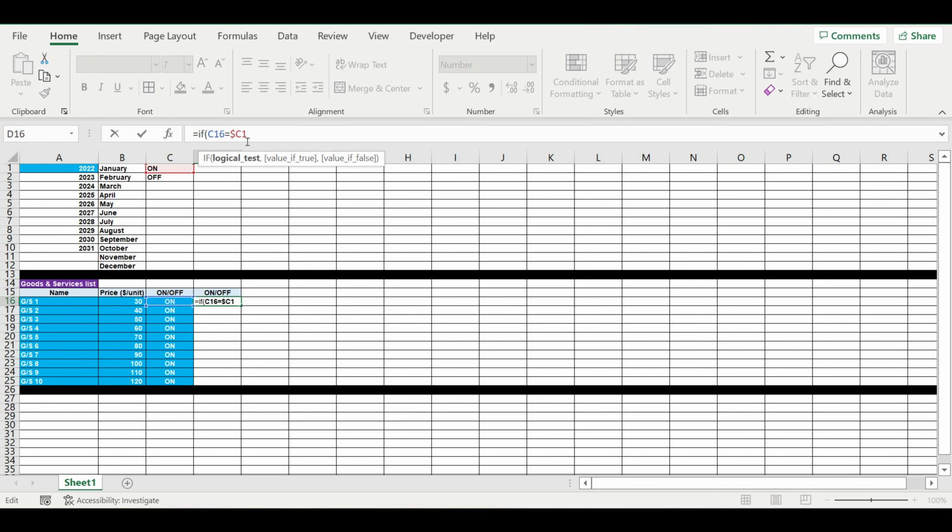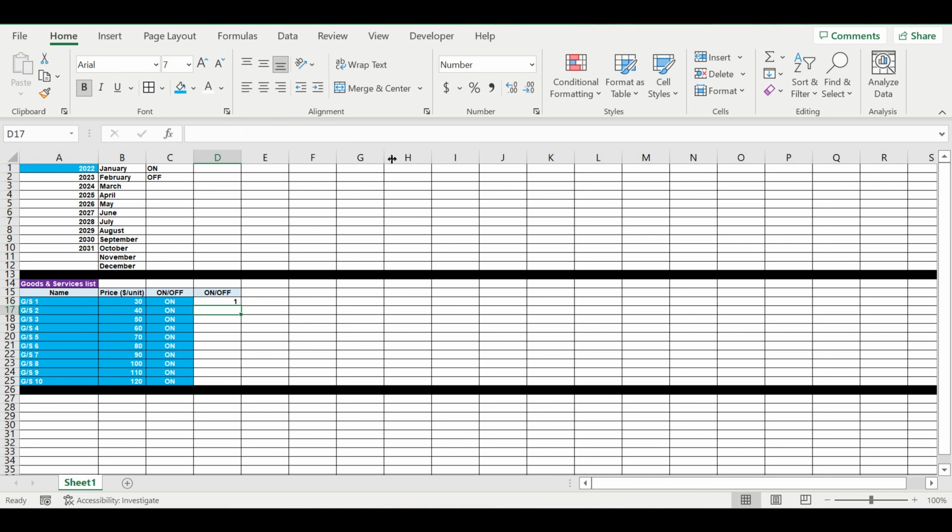Here we are freezing the cell, then we put 1, otherwise 0. This will make us switch on and off different goods and services from calculations. Then we will add a coefficient to price, so we will be able to play with coefficients also when we are done with our financial model.